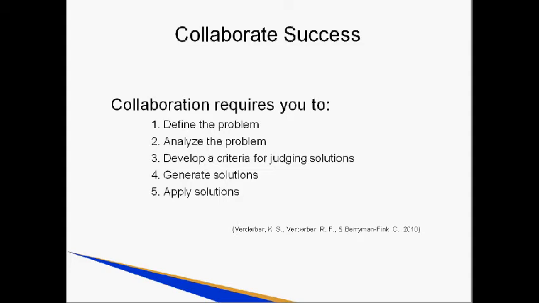Collaborate success. There are 5 important characteristics to understanding collaboration, all of which involve problem solving. But collaboration emphasizes effective communication because it involves reaching a solution with another person. First, you need to know what is the issue or define the problem. Second, what are the causes of the problem?